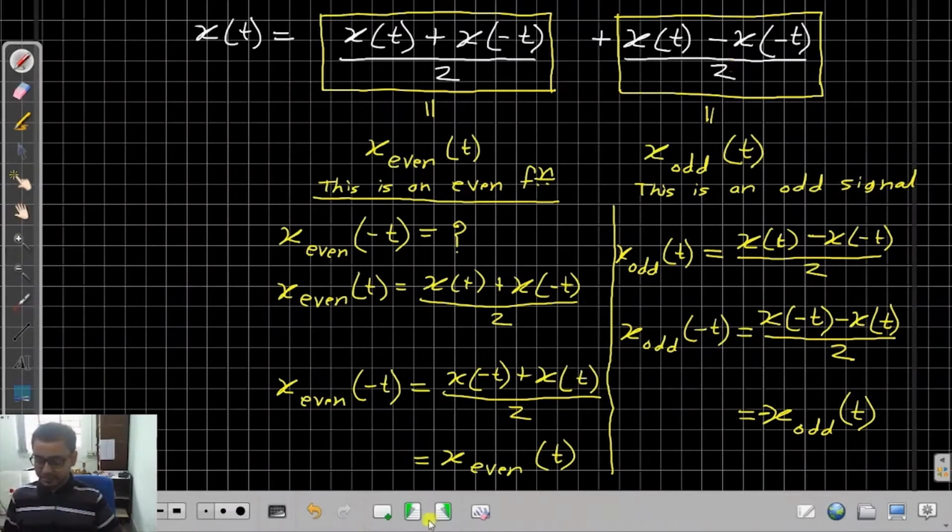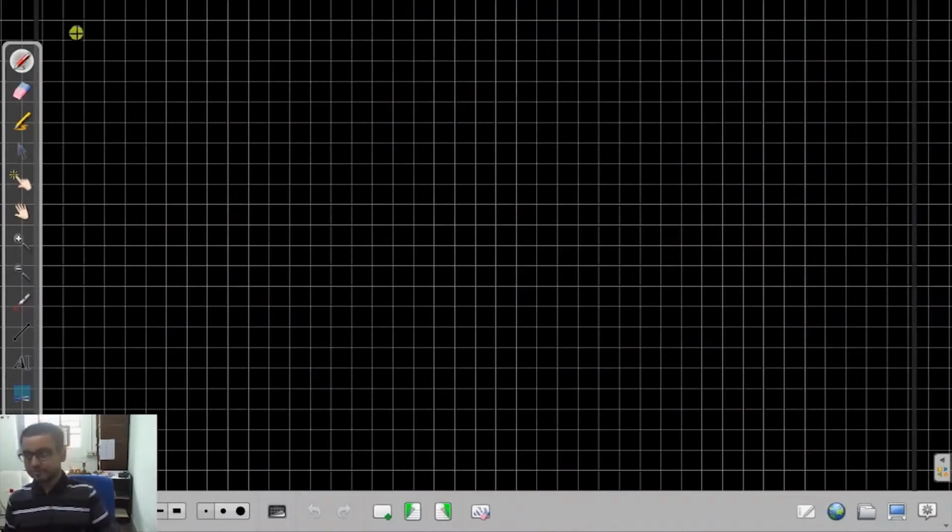Okay, let us take an example. Suppose x(t) is given as e to the power jt, where j is the imaginary number root over minus 1, complex number.